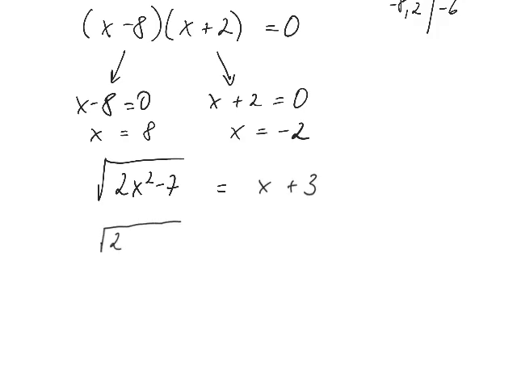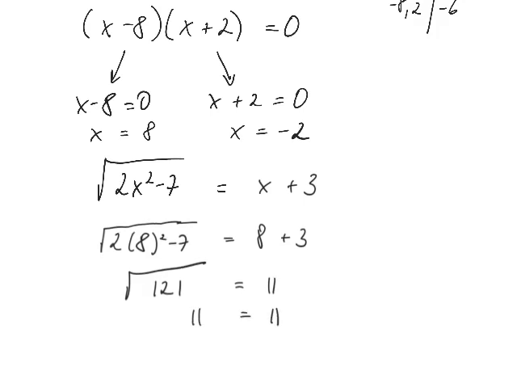The root of 2 times 8 squared minus 7 has to equal 8 plus 3. The left would be the root of 121, and the right is 11. So we have 11 equals 11. So 8 is a solution.